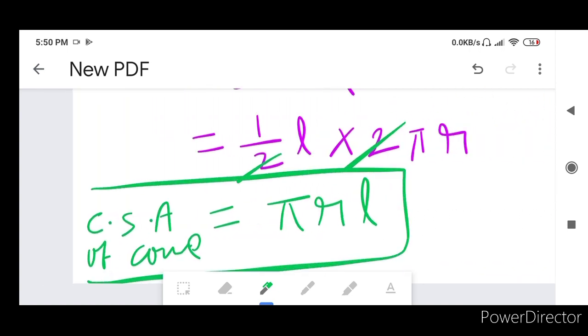This is how we used to find the formula for the cone. Now let us talk about the total surface area of the cone.